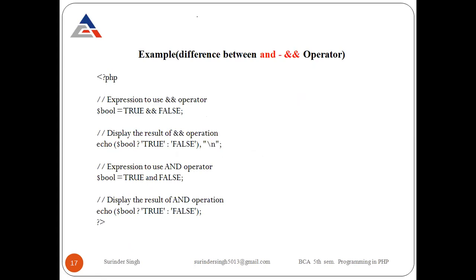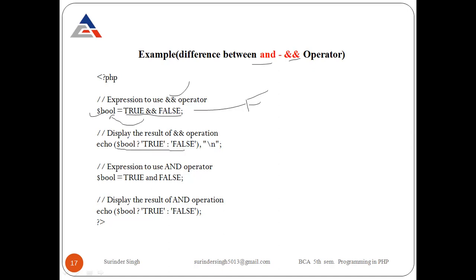Now there is a difference between and this logical AND operator. For this we have the example true and false. We have a variable bool, and the expression uses the logical AND operator. True and false will return false. The result will be stored in this variable.